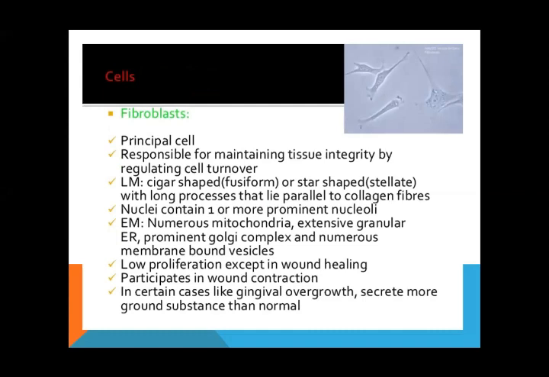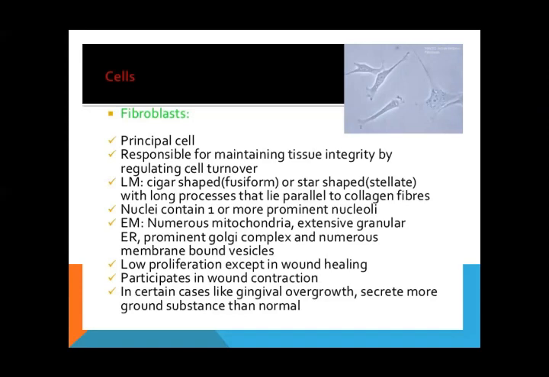Cells are fibroblasts, the principal cells responsible for maintaining tissue integrity by regulating cell turnover. They are cigar-shaped fusiform or star-shaped stellate with long processes that lie parallel to collagen fibers. Nuclei contain one or more prominent nucleoli.